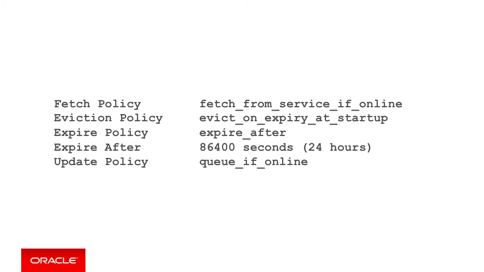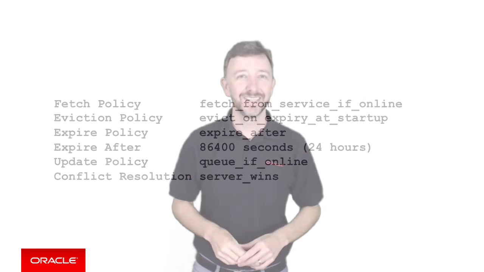The update policy is queue if offline. And finally, the conflict resolution policy is server wins. If you try to define these sync policies at the API level in your mobile platform's config file, such as omc.plist for iOS, they will be ignored. However, do note you can still define the global sync policies, such as periodic refresh and max store size.